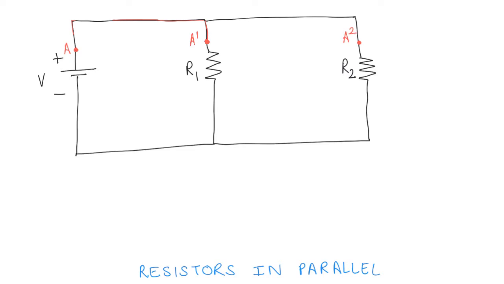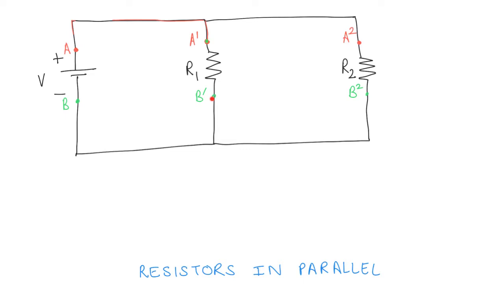Similarly, the voltages at B, B1 and B2 are the same. So to get the voltage across R1, you need to find out what the voltage at A1 and B1 is.